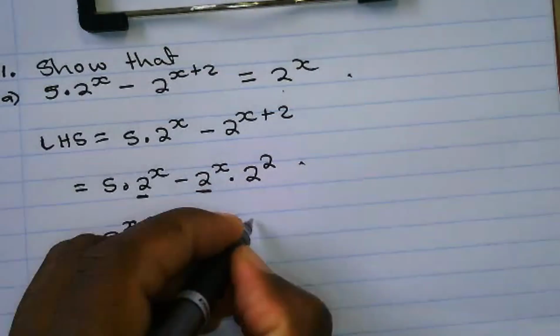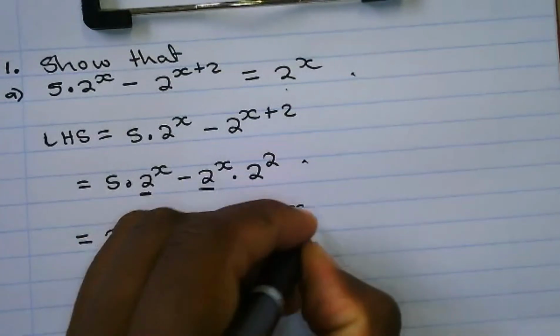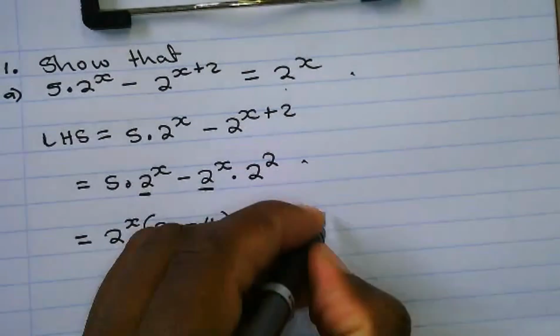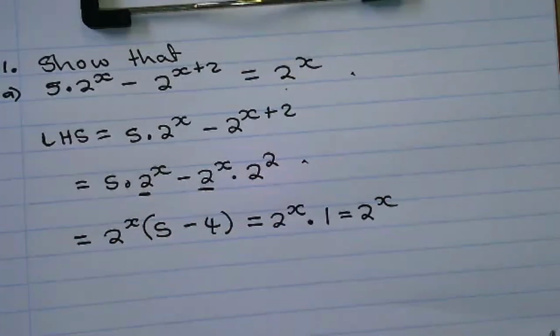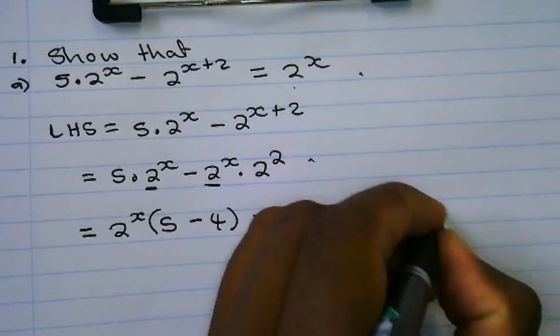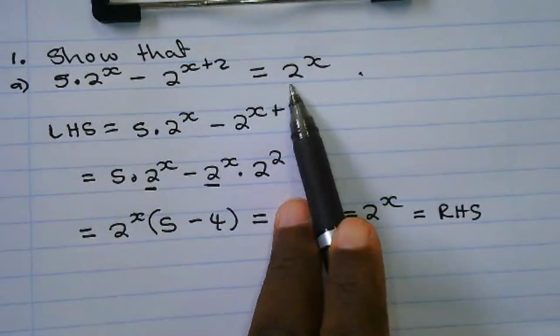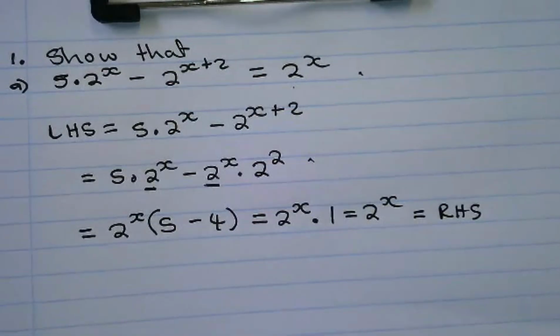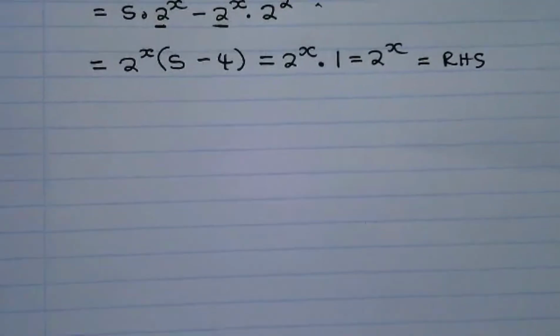So this is equal to 2 raised to x multiplied by 1, which is equal to 2 raised to x, and that is equal to our right hand side. We have shown what we were required to show here.